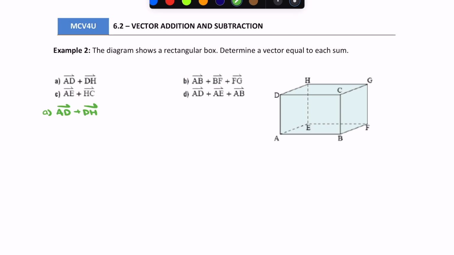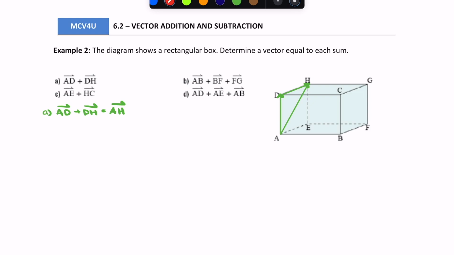So here, vector A to D, vector D to H. And so here, again, the vector equal to each sum. So here, from A to H, so it'll be vector AH.